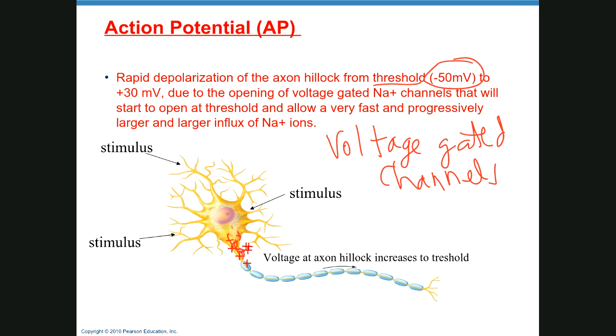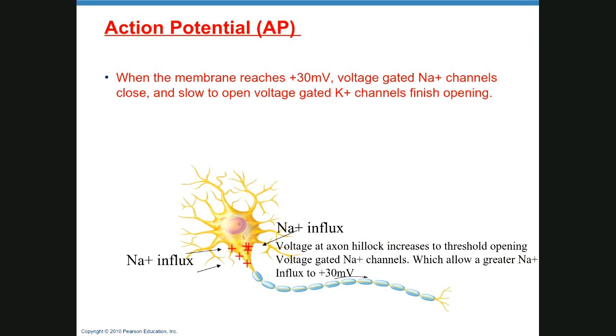All of a sudden, when the area reaches minus 50 millivolts, voltage-gated channels open, and the flood of sodium that arrives will be the beginnings of the action potential. So there is the influx of sodium, which is going to increase the membrane potential from minus 50 millivolts to plus 30 millivolts. It's going to make it very, very positive.